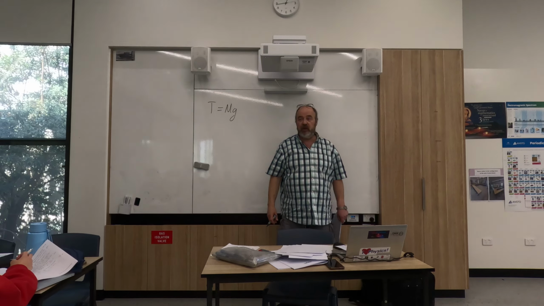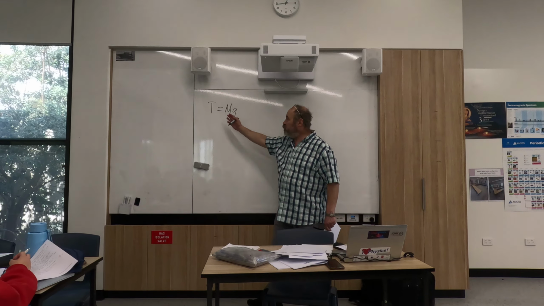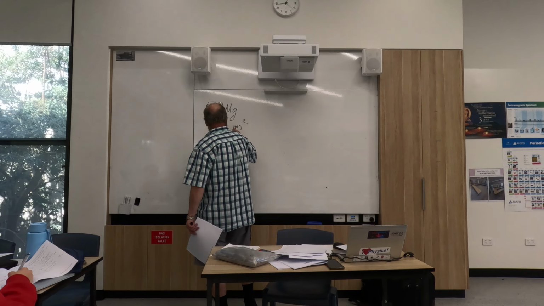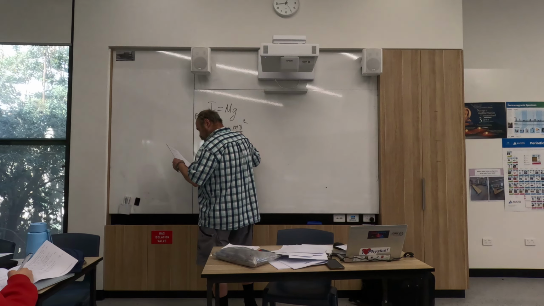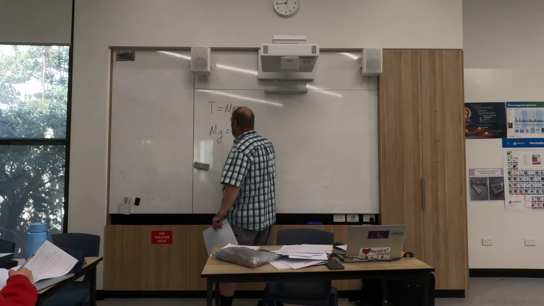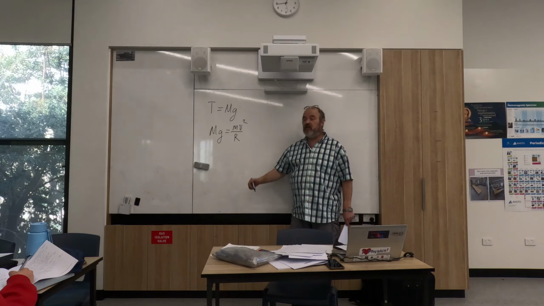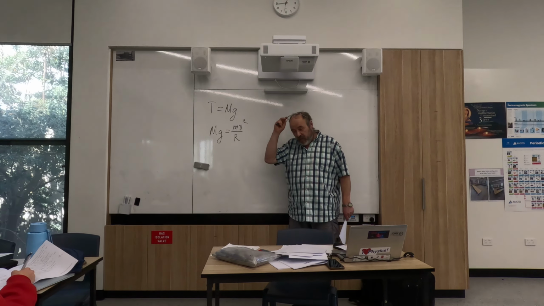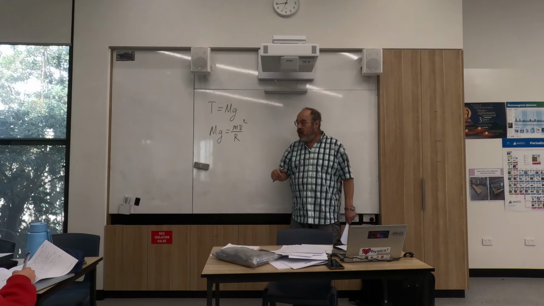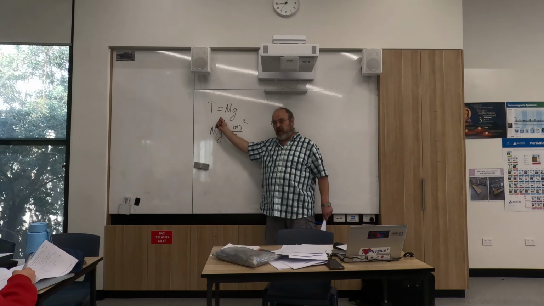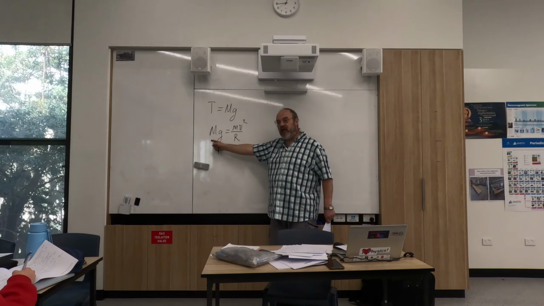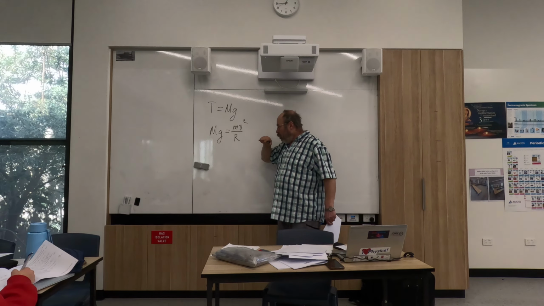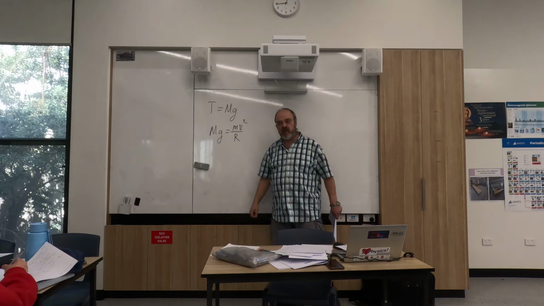And because it's motion in a circle, this will be equal to centripetal force, so we have Mg equal to mv squared over R. The tension pull made the stopper move in a circle, and tension equals Mg. Capital M is the mass of the washers, lowercase m is the mass of the stopper.